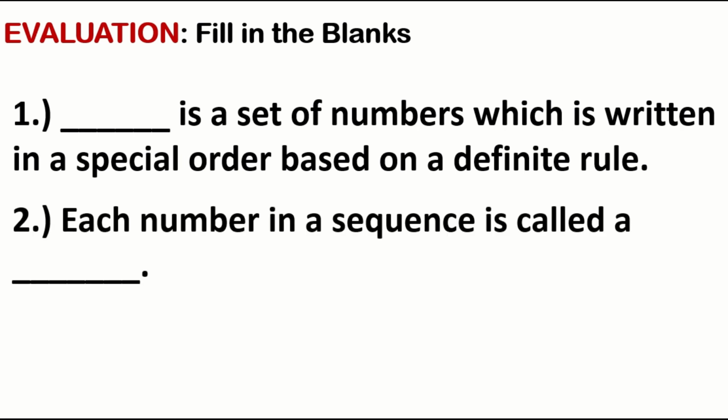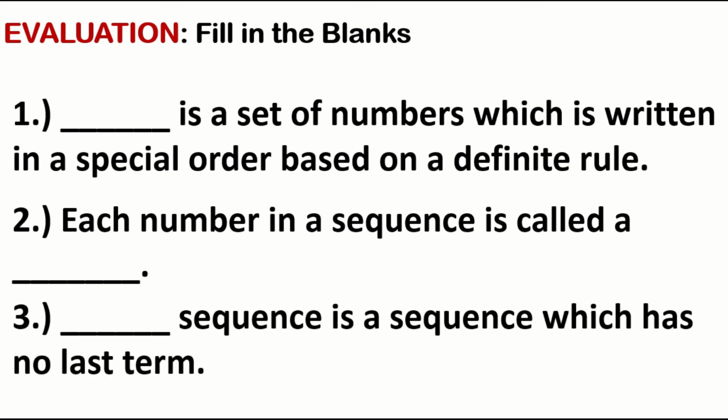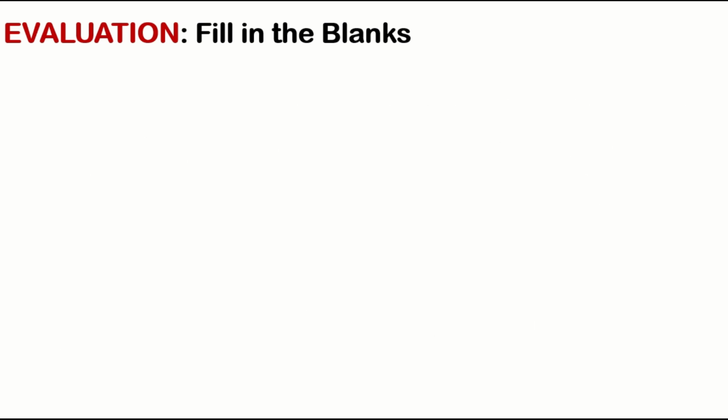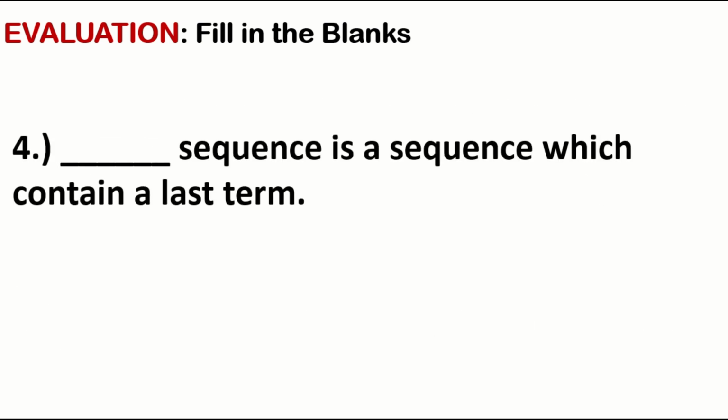Number 2. Each number in a sequence is called a blank. Number 3. Blank sequence is a sequence which has no last term. Number 4. Blank sequence is a sequence which contains a last term.